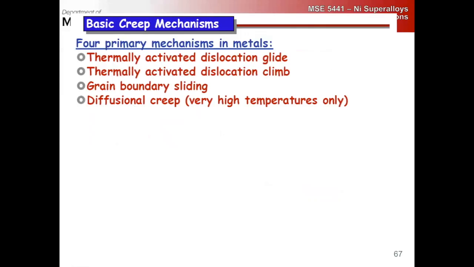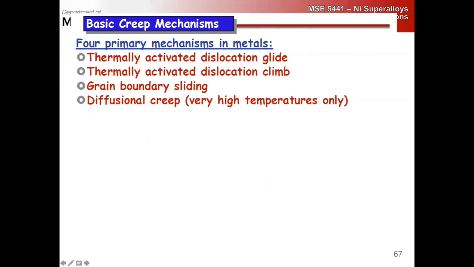And we have to think about in metals at least, we have four primary mechanisms, right? We have dislocation glide, that's thermally assisted, dislocation climb, again thermally activated, grain boundary sliding, and then diffusional creep.